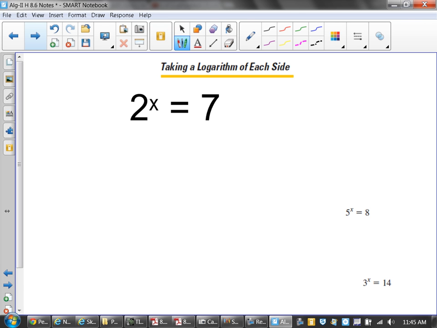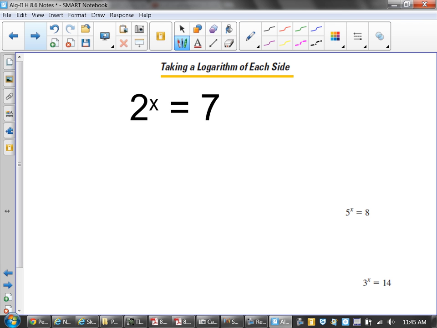2 to the x equals 7. Anyway, 2 to the x equals 7.